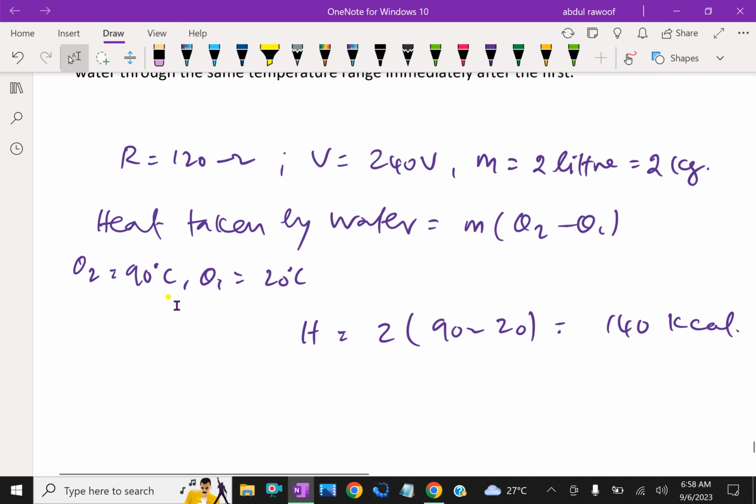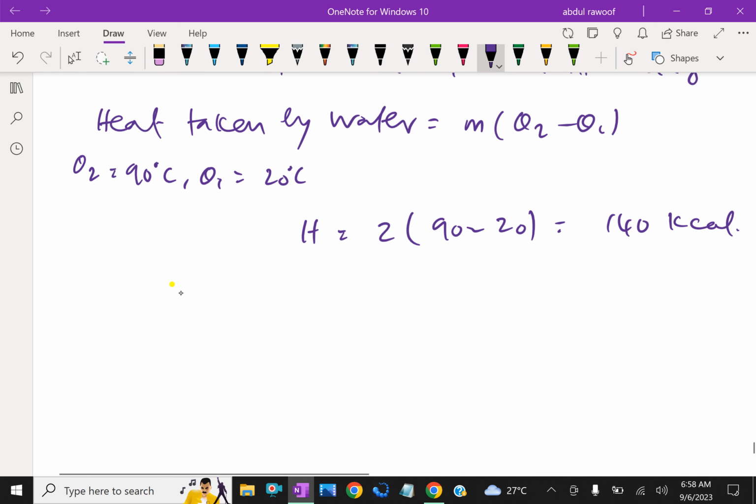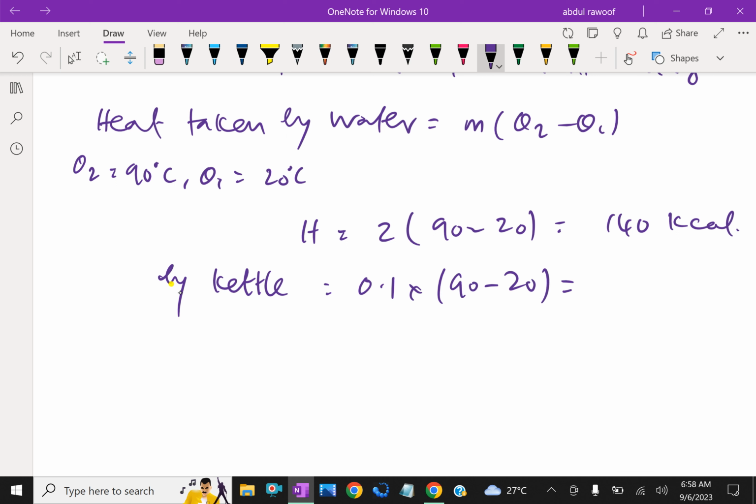Now, heat taken by the kettle: the water equivalent of the kettle is 100 gram, that is 0.1 kg, into the same temperature difference 90 minus 20, which is equal to 7 kilocalories.